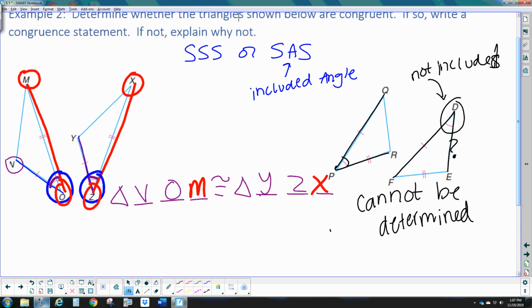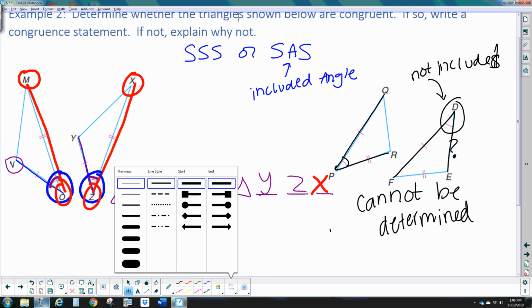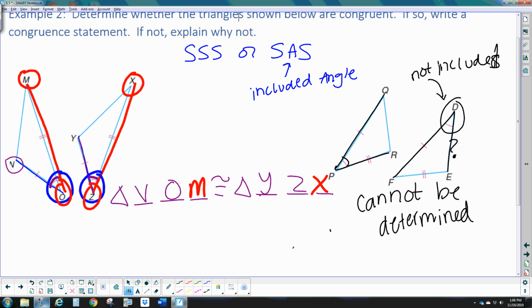In order for me to determine whether or not these triangles are congruent, I would need one of two things. First of all, I could be given the included angle. So if I know that angle F is congruent to angle P, then I could use side, angle, side.